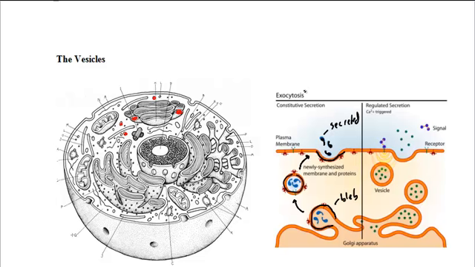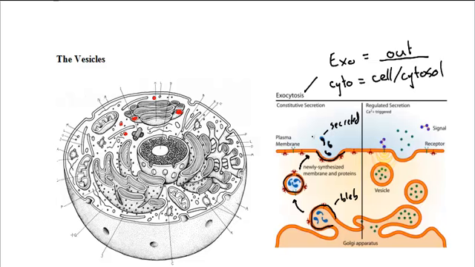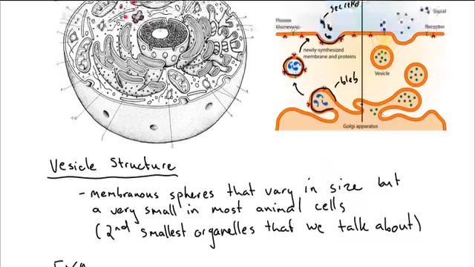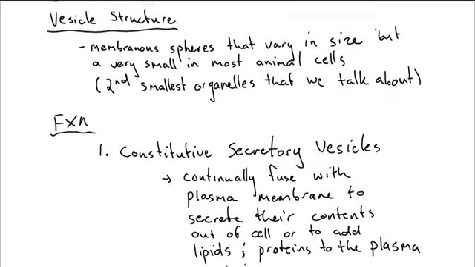And this process is called exocytosis. Exo meaning, you've got it, exit or out. Cytosis, or cyto, equals cell or out of the cytosol. Okay? So exocytosis is the process of sending something outside of the cell. And in this case, it's constitutive because it happens without any sort of signal. It's a default mechanism.